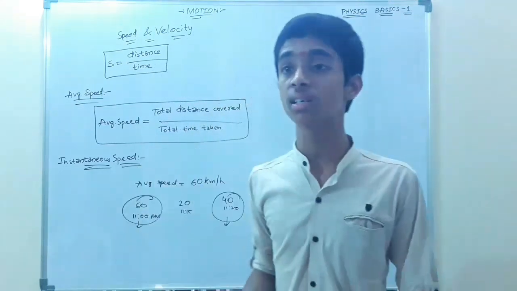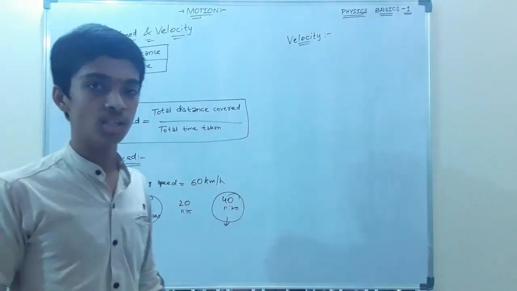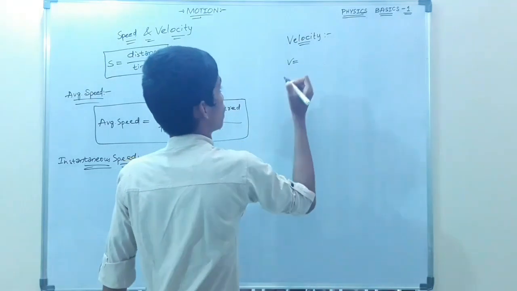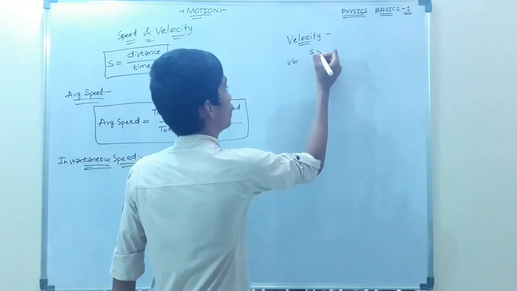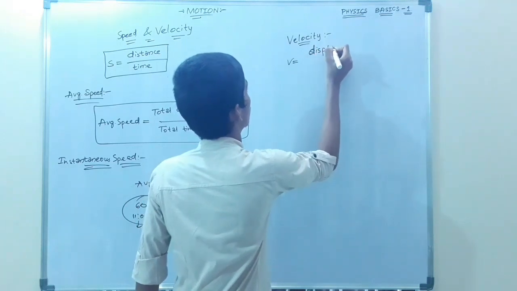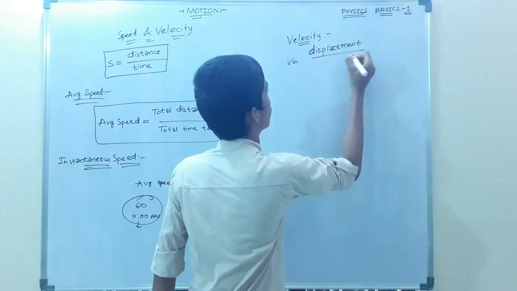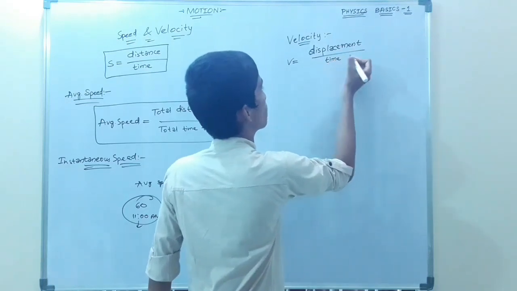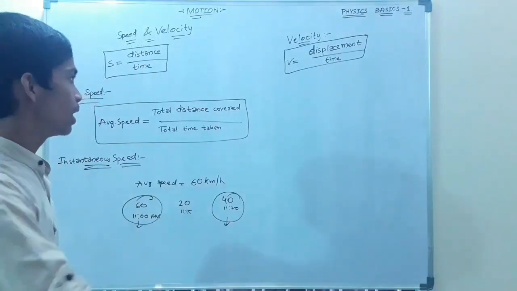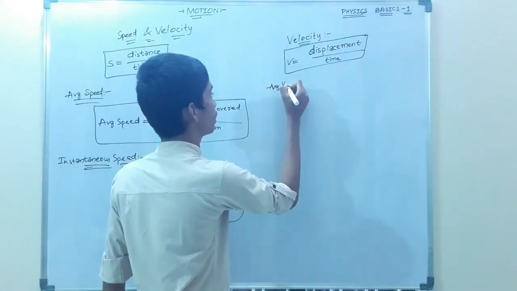Velocity is defined as the rate at which the position of a particle or a body changes, and its formula is V equals S, that is displacement, by time taken. This is the formula of velocity, and let's go for average velocity.